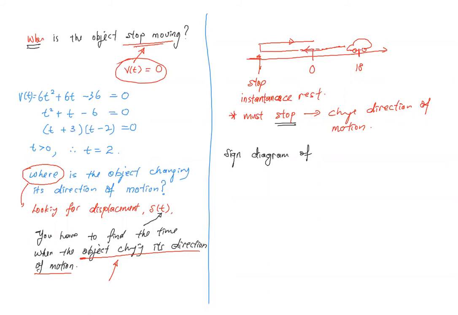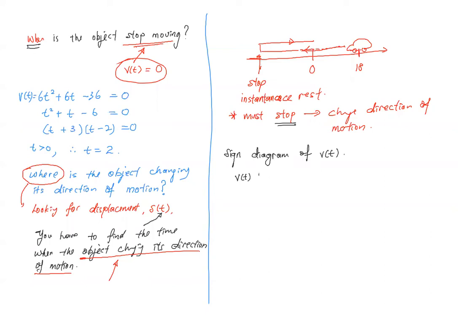Can someone give me some suggestions? Sign diagram of what? Velocity. Yes, you are right. Sign diagram of velocity. Because we want to know when the velocity equal to 0. So I draw the sign diagram of velocity.